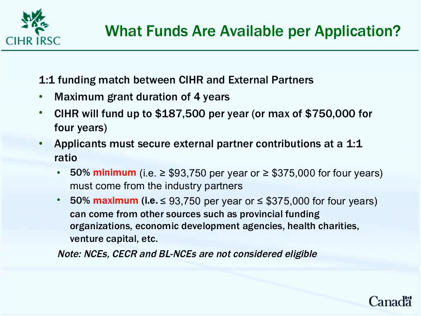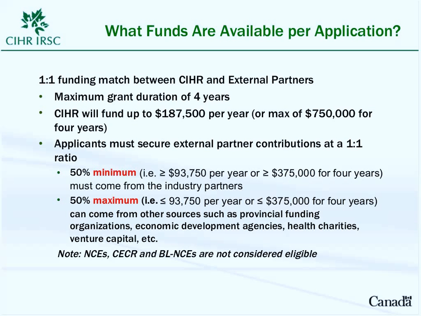So we set this up so that you have a maximum of 4 years to complete your planned program of development and evaluation. You don't have to take 4 years. You could take 1, 2, or 3, but it's been set up so that it allows you to take up to 4. That means that CIHR is contributing over that period of time $750,000. Of that, it's $187,500 per year.